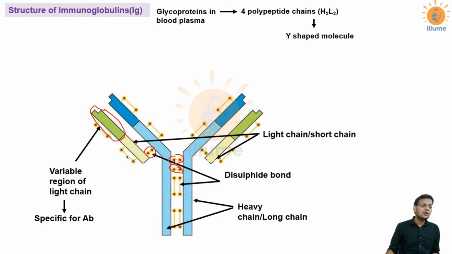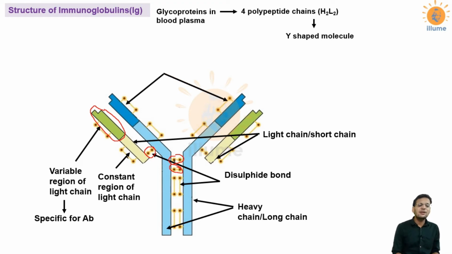The amino acid sequence on the variable region varies with the antibody. Every antibody has its own amino acid sequence in this region, so this is called the variable region. It is different for different antibodies, and it is responsible for the specificity of antibodies. The other one is the constant region of the light chain, and it does not change.